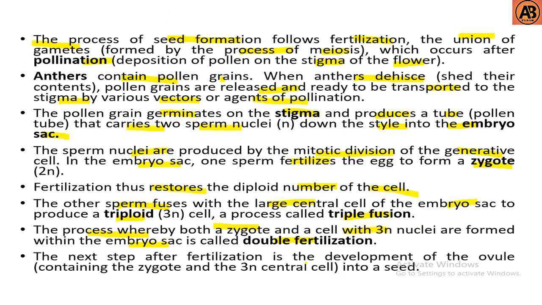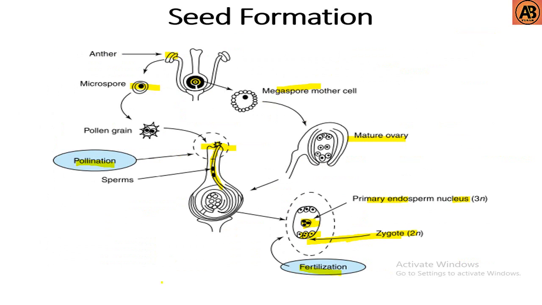Then the next step after fertilization is the development of the ovule containing the zygote and the triploid central cell into a seed. That means this is converted further into a seed. So this is the process of seed formation.